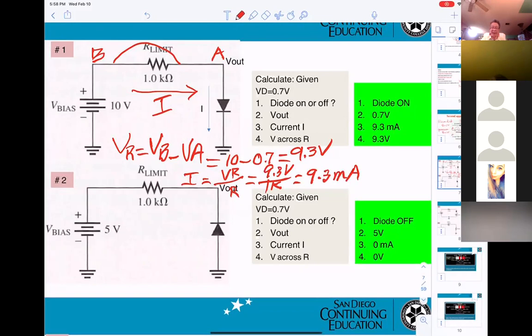Mr. Pham, you wrote I equals VR over R, it should be just I equals V over R, I think. I think he was talking about the resistor voltage over R. Oh, V sub R. Okay. That's how we calculate the current.